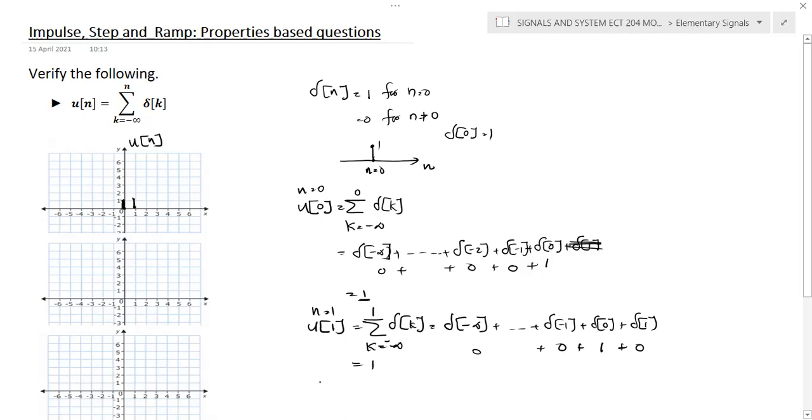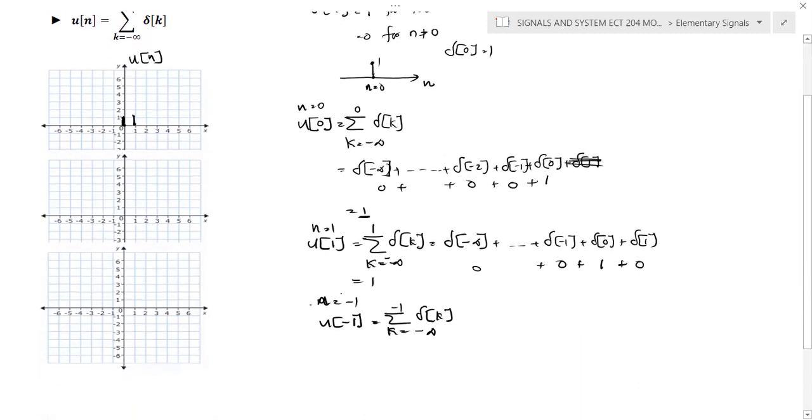Now we can try a value which is n is equal to minus 1. So when it is minus 1, my equation becomes u of minus 1, and k ranging from minus infinity to minus 1 del of k. And if you substitute the values of k, it becomes del of minus infinity onwards, del of minus 2 plus del of minus 1.